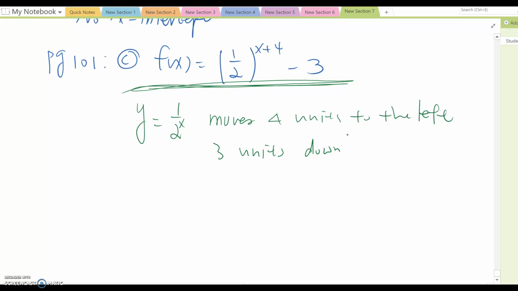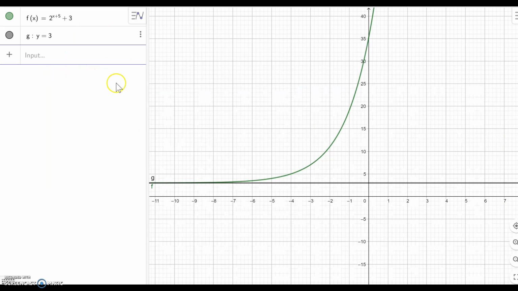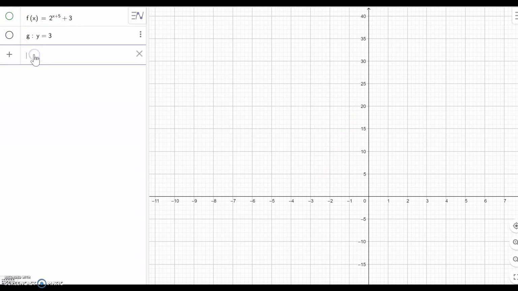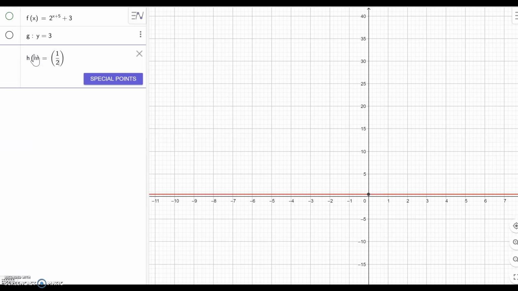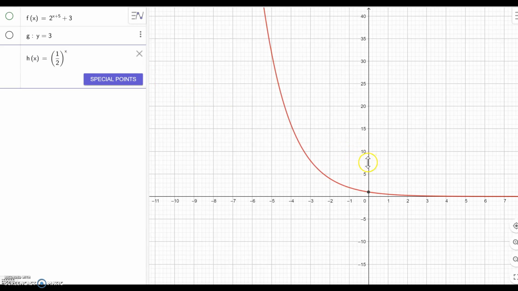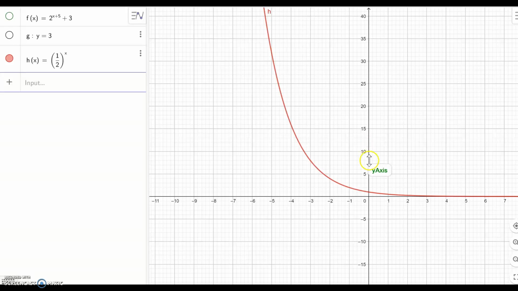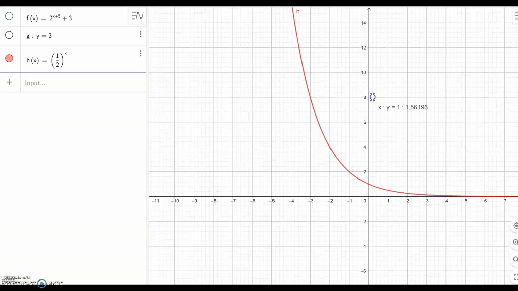Okay, so let's look at the graph of this one here. y = (1/2)^x, so that's our original function. I'm going to zoom in more so we can see a little better.